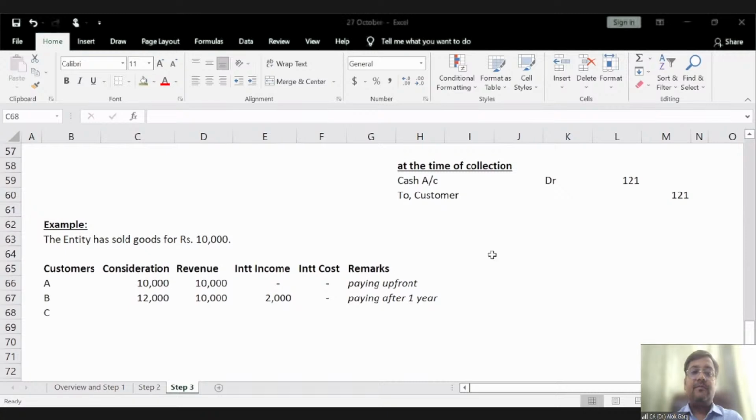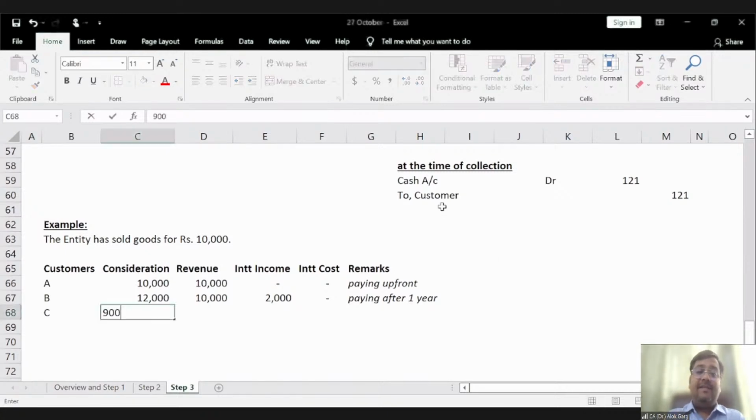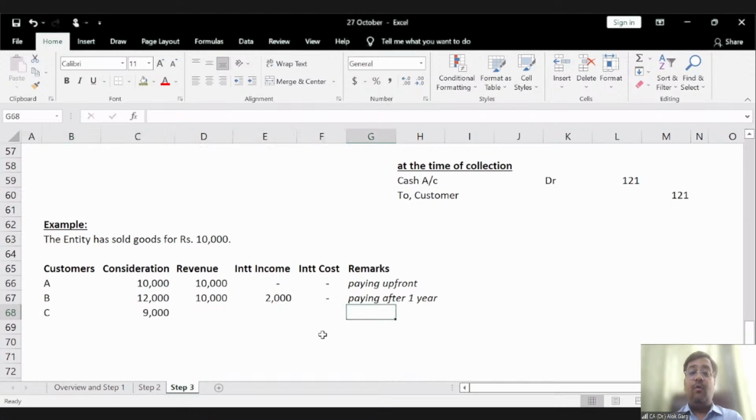Good. Friends, now the third situation. The entity has received 9,000 rupees from a customer C for this particular goods and services, because the customer is paying in advance, in advance of 1 year. So friends, now tell me, since the customer is paying in advance, what does it mean?